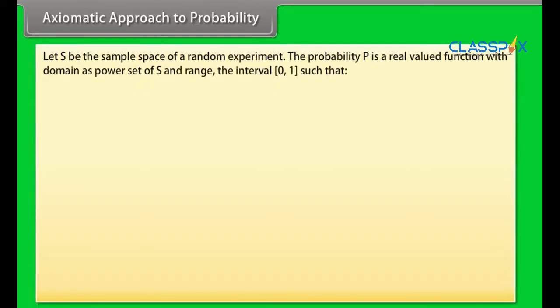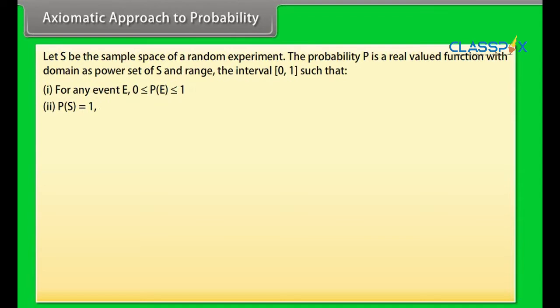Axiomatic approach to probability. Let S be the sample space of a random experiment. The probability P is a real valued function with domain as power set of S and range the interval 0, 1, such that 1. For any event E, 0 is less than or equal to P(E) less than or equal to 1. 2. P(S) is equal to 1.